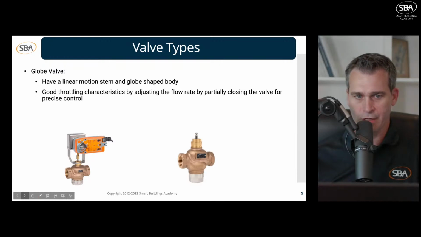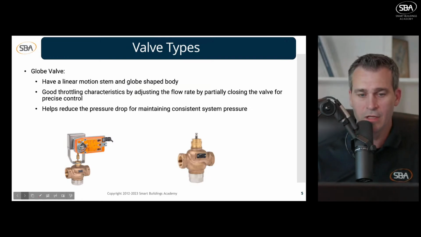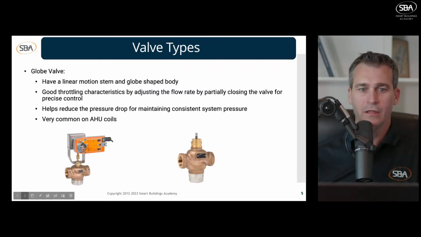They have good close-off and we normally use these for precise control. It helps reduce the pressure drop for maintaining consistent system pressure. These are really tough valves, so we use them on high pressure applications. These are very common on air handler coils. So if you see these in the mechanical room, they're usually going to be on your air handlers.